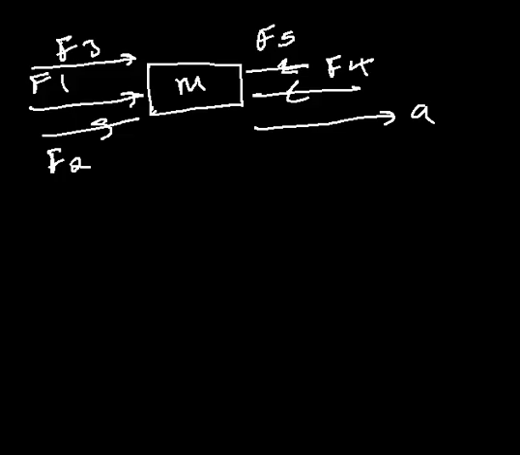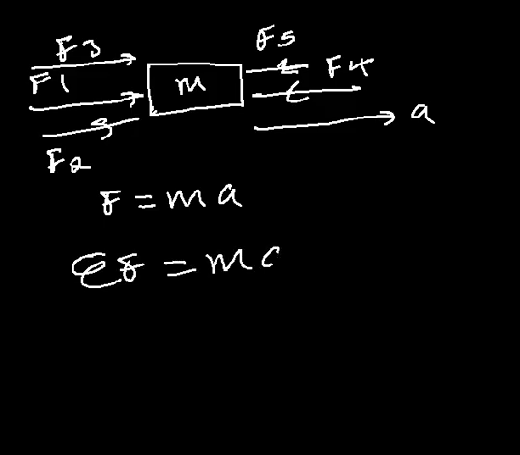Let's say the object is of mass m. According to Newton's second law of motion, force is equal to mass times acceleration. But because the system has several forces, we have the summation of the forces on the object equal to mass times acceleration.